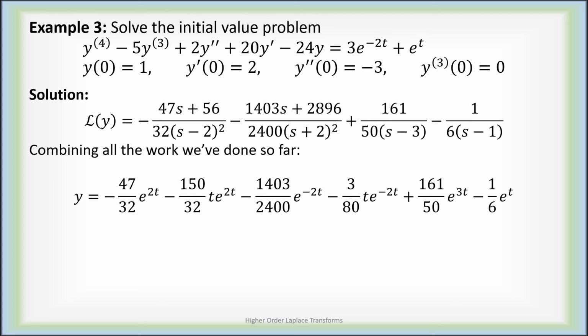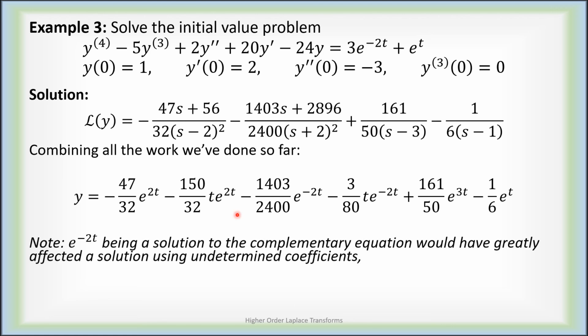We have our solution. Now there's something interesting to point out here. Notice that in our solution, we have terms of the form e to the minus 2t. Up here, we have e to the minus 2t as well. In other words, this portion of our forcing function was actually part of the solution space to the complementary homogeneous equation.